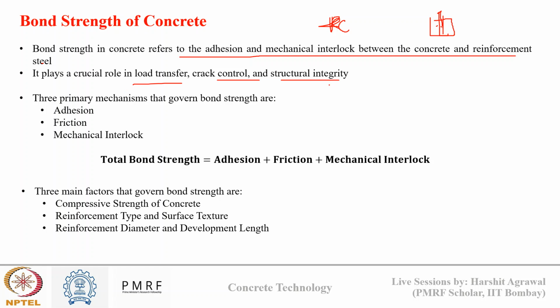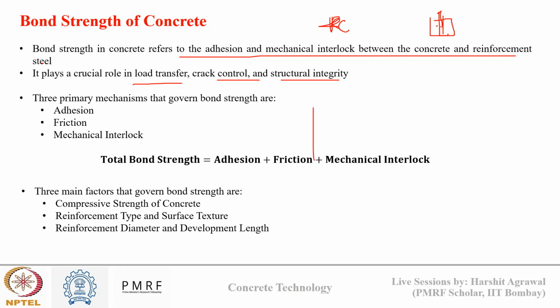Okay, now there are three primary mechanisms that govern the bond strength of concrete and reinforcement. First is adhesion, which refers to the bond between the cement paste and the surface of the reinforcement. Then there is friction, which results from the resistance developed due to the roughness of the rebar and the hardened concrete, particularly when the concrete contracts due to shrinkage.